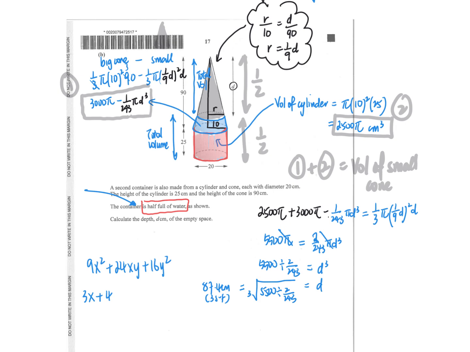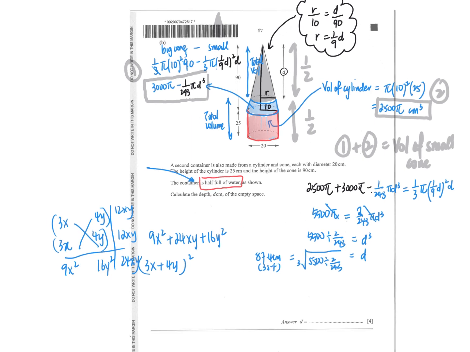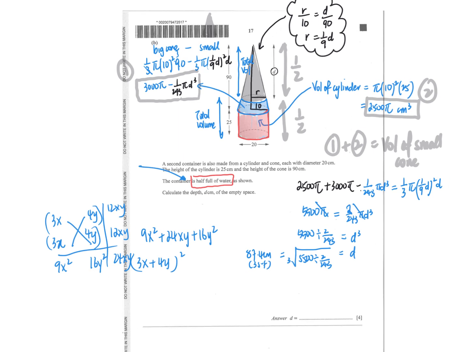Yeah, can. So this is 3x, 3x, 4y, 4y. Then you get 12xy, 12xy. Okay, so this one is B.